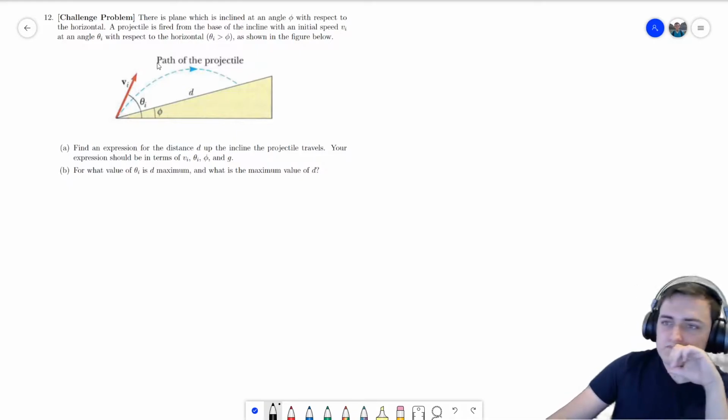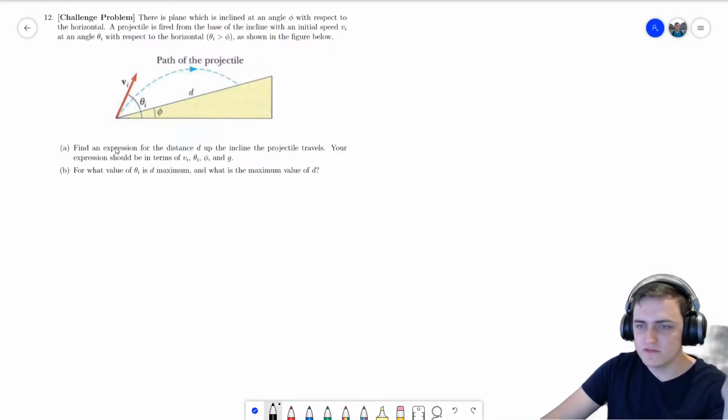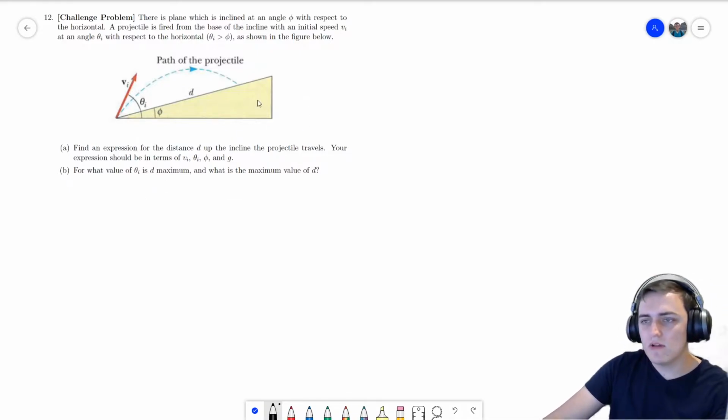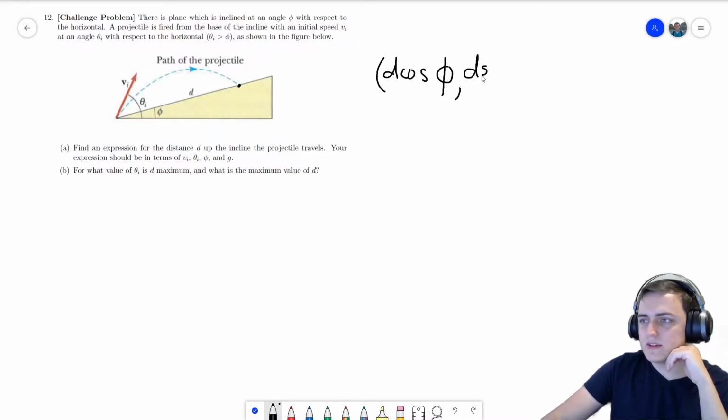So, find an expression for distance d up the incline. Well, we know we have a point d. What are the x and y coordinates of that point? Well, x is d times cosine phi, and y is d sine phi.